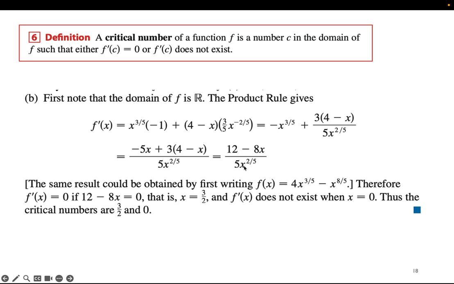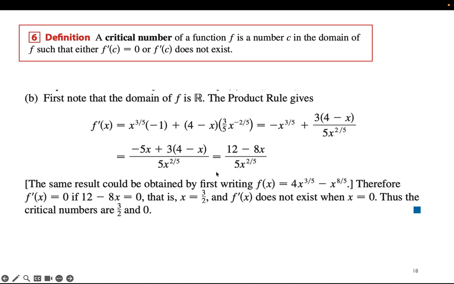But notice that you have an expression here where you can have this being undefined. If you have a fraction like this, it's undefined when the denominator is 0, and that's happening when x is 0. So when x is 0, f prime is undefined, and that's another condition to get a critical number.